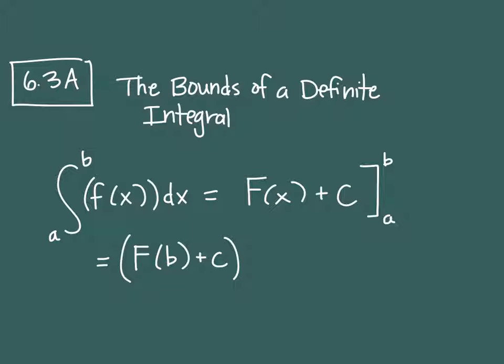Well, it'll take the number 50 and it'll plug it in. Minus, it will do the same thing with the lower bound. It will take the a and it will plug it into the antiderivative, also with the plus c. And it subtracts those two values. And then it finally will give you the value of the exact area.